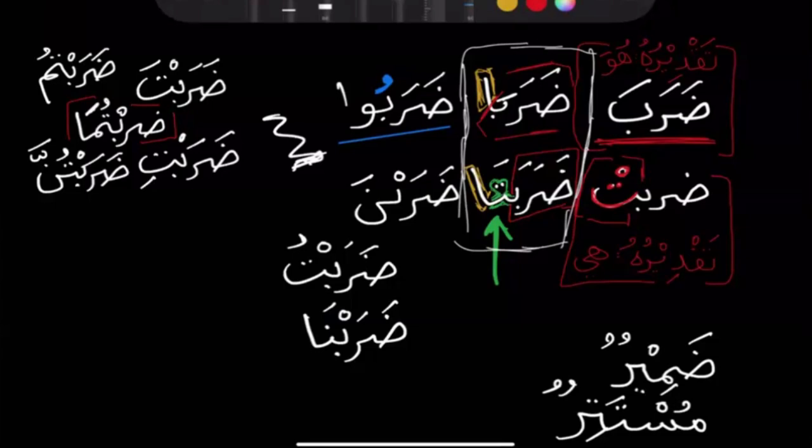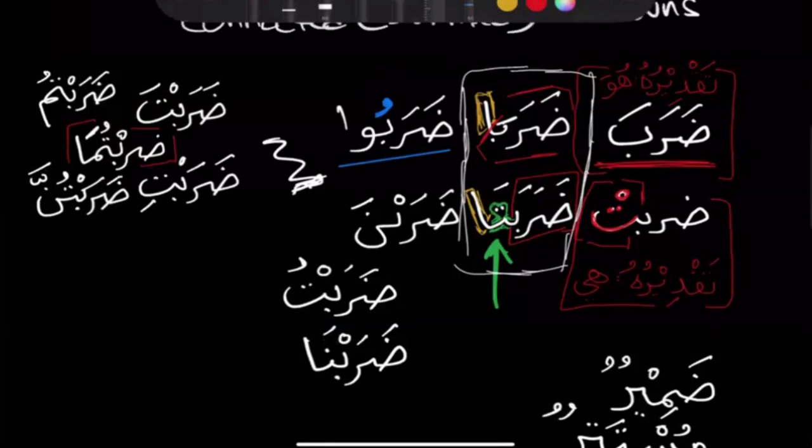Okay. So what happens here is the pronoun in this case is the wow. The ba is always going to be the end of the verb. The ba is always here, the end of the verb. Darab. In this case, though, the fatha on the ba goes away, bringing a more appropriate vowel for the wow, which is going to be the dhamma.